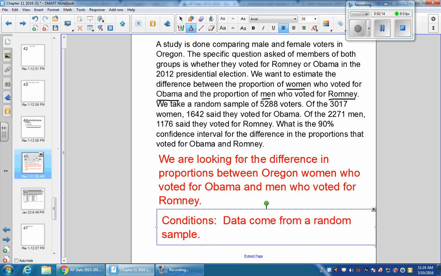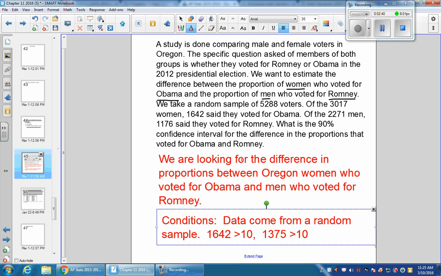So 1,642 is greater than 10. If you subtract 1,642 and 3,017, that's 1,375. That's greater than 10. I should probably put a comma in there.